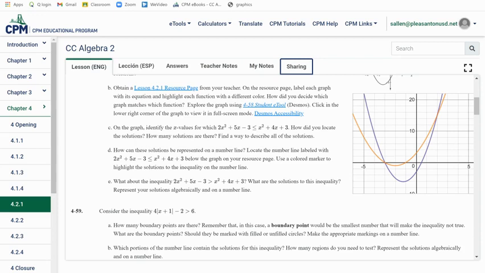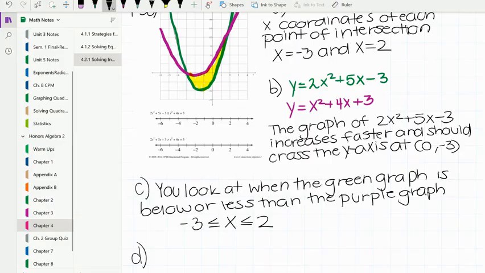It says, how can these solutions be represented on a number line? Locate the number line labeled appropriately below the graph on your resource page and use a colored marker to highlight the solutions to the inequality on the number line. Okay, so we want to just plot this on a number line, so that should be fairly simple. I'm going to use a completely different color.